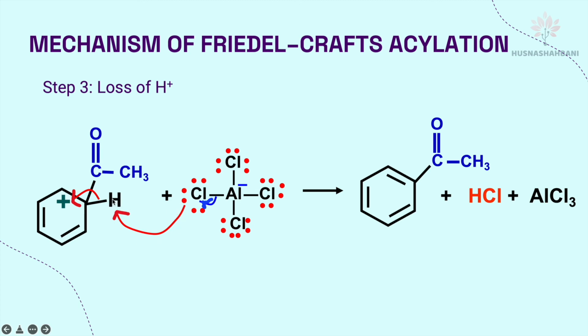So it forms a bond with this hydrogen, and this bonding electron will be transferred to the positively charged carbon in the ring to make it a stable aromatic ring again, with the product here, C=O alkyl group, plus HCl as the side product, and the AlCl3 catalyst can be used again in step number 1.